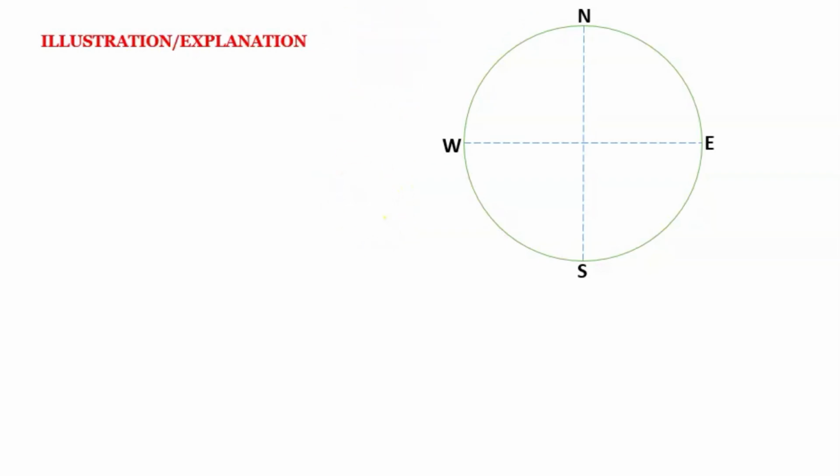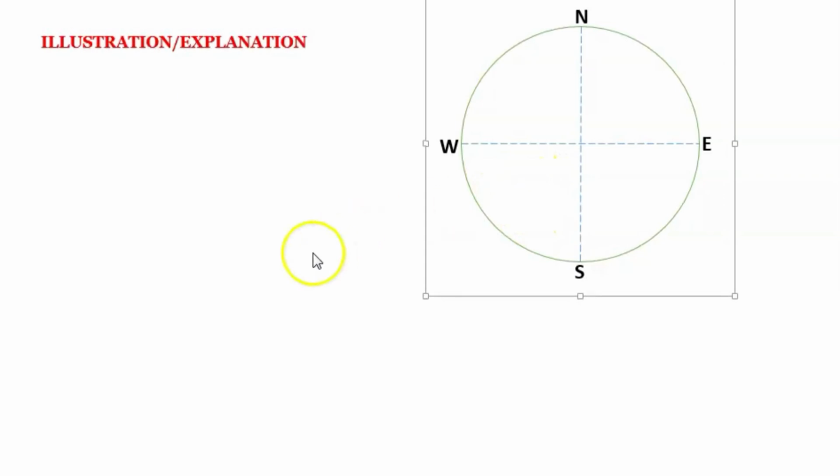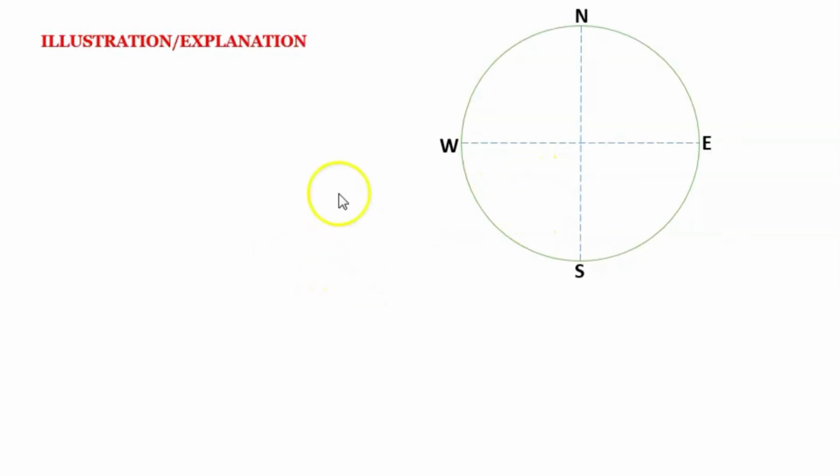How do we calculate longitude? How do we calculate time when it comes to the Earth? Very quickly, I want us to see something. We have two things that are very important.